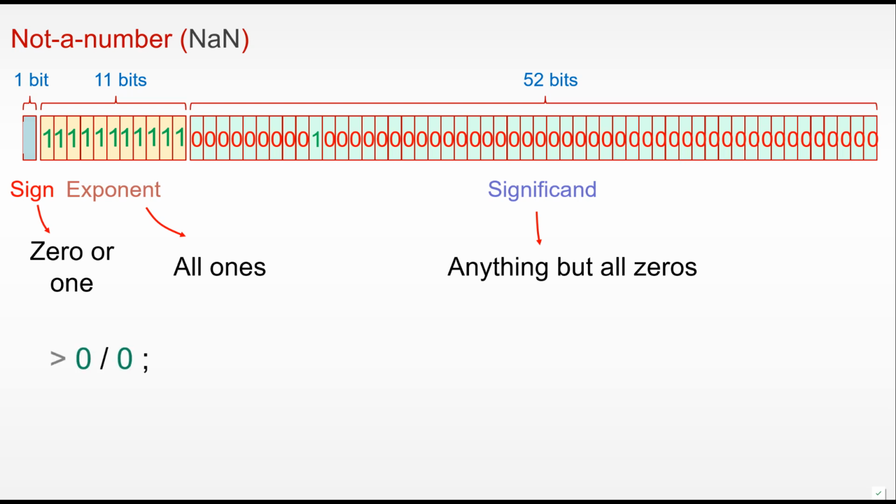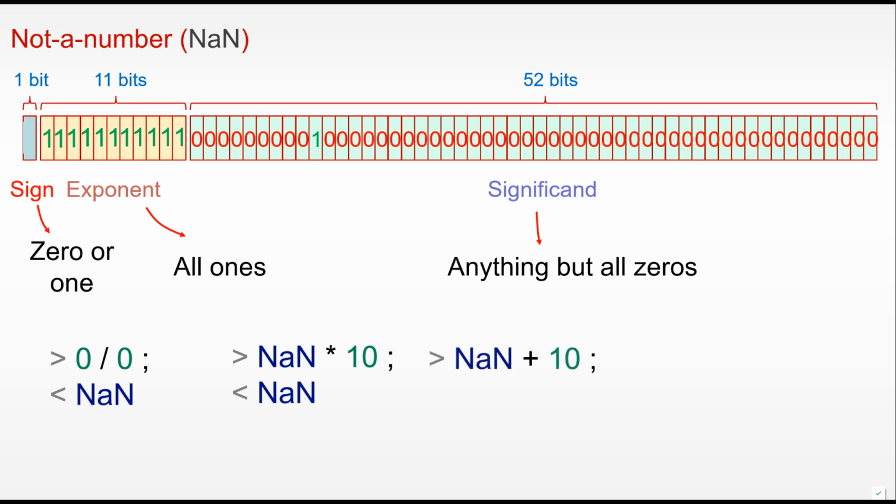So let us view a few examples of not a number. For example, dividing 0 by 0 gives us not a number. Multiplying anything by a not a number gives us not a number. Adding, subtracting would lead back to the result of not a number. And even taking this to an extreme, not a number is in fact not equal to itself.